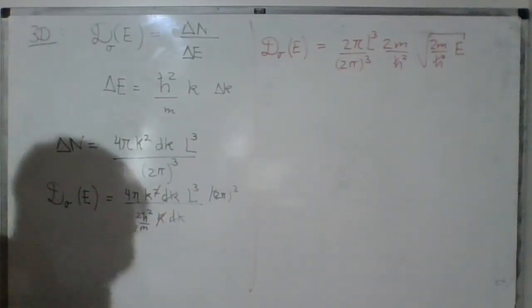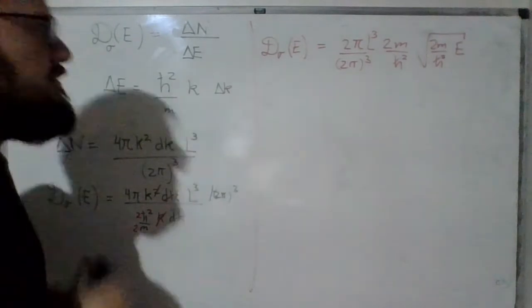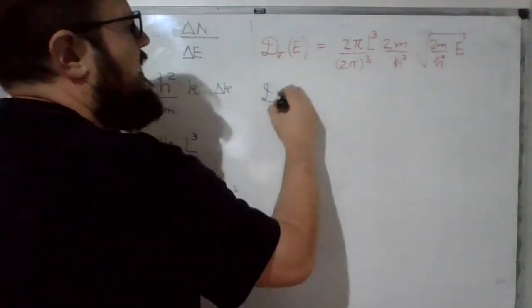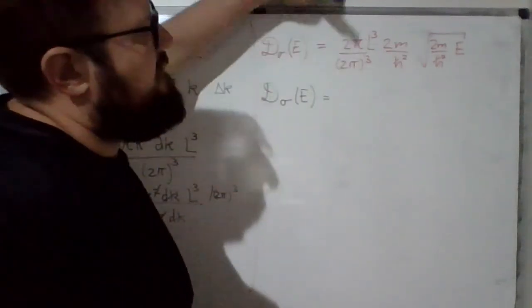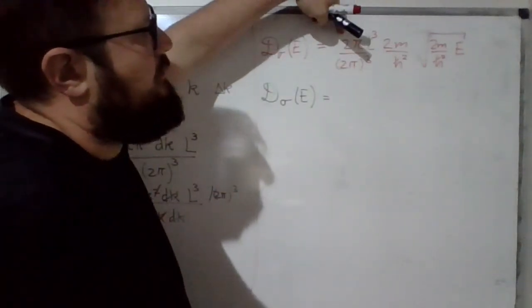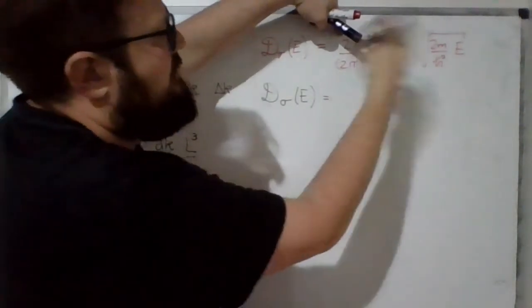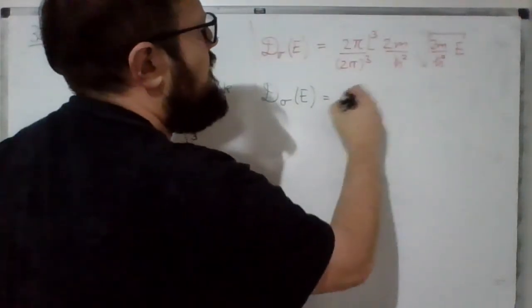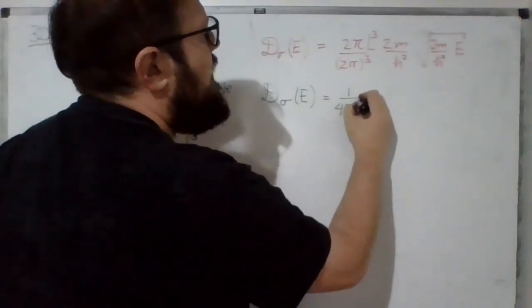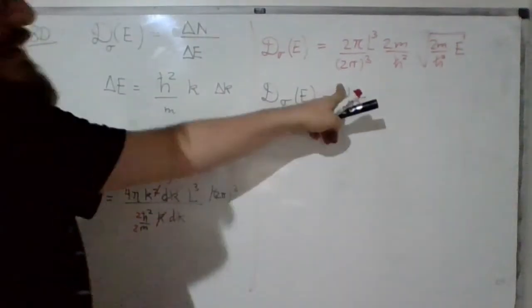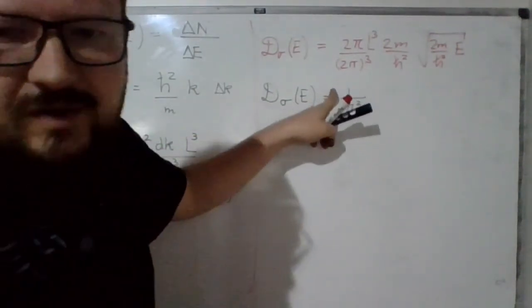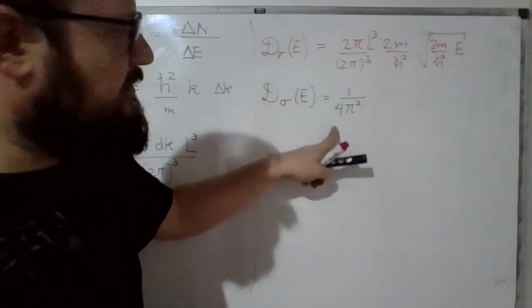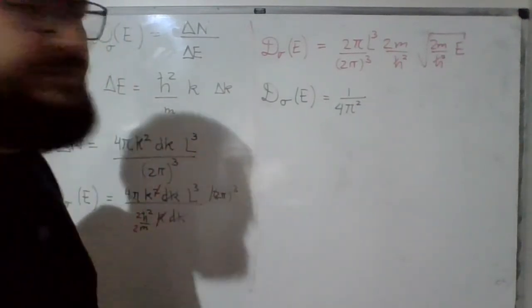All right. Now we can simplify the constants, and one factor of 2π is cancelled out. You have a 1 over 4π². If you have spin degeneracy here, for fermions you multiply by a factor of 2, so this is 2π².